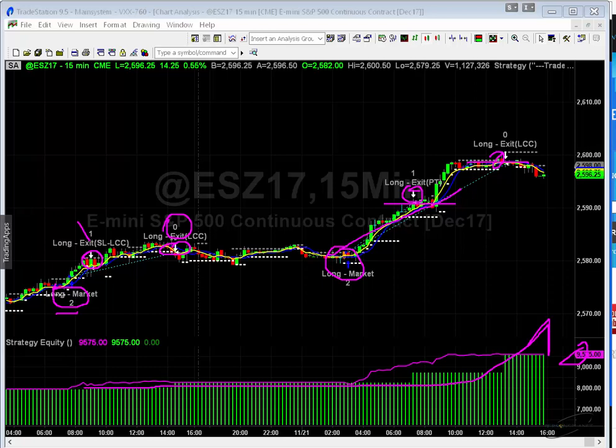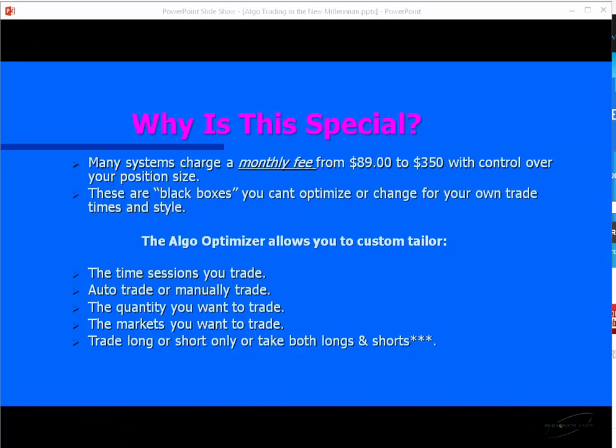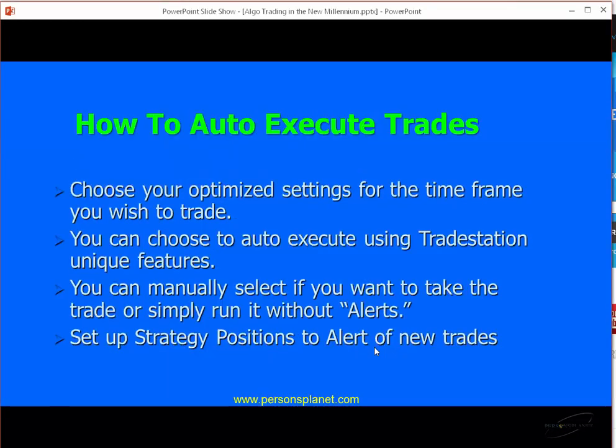But a great trading methodology allows you to be in control of how you trade, what you trade, when you trade. So that's what I was referring to by taking long or short, or taking both long and short. Now, how to execute trades? Well, you can choose optimized settings for the time frame you wish to trade.